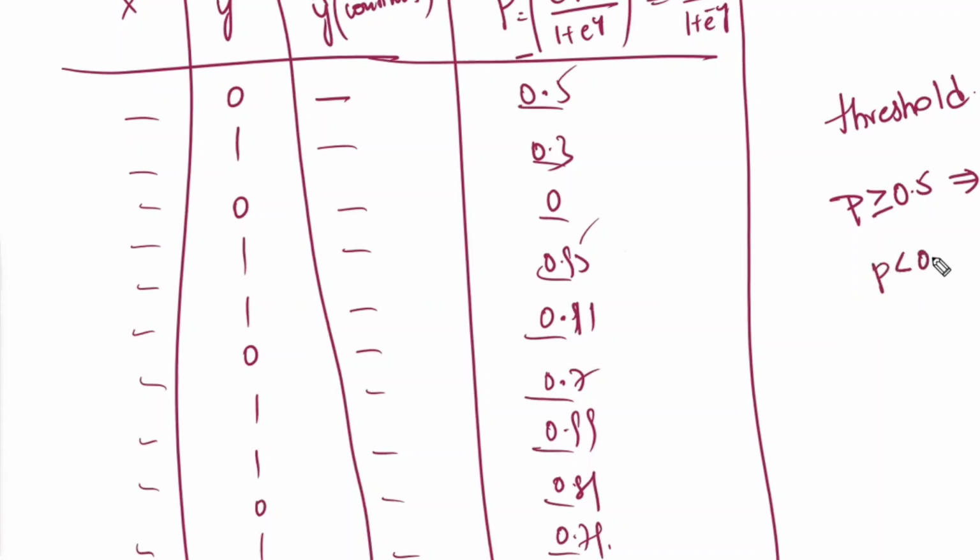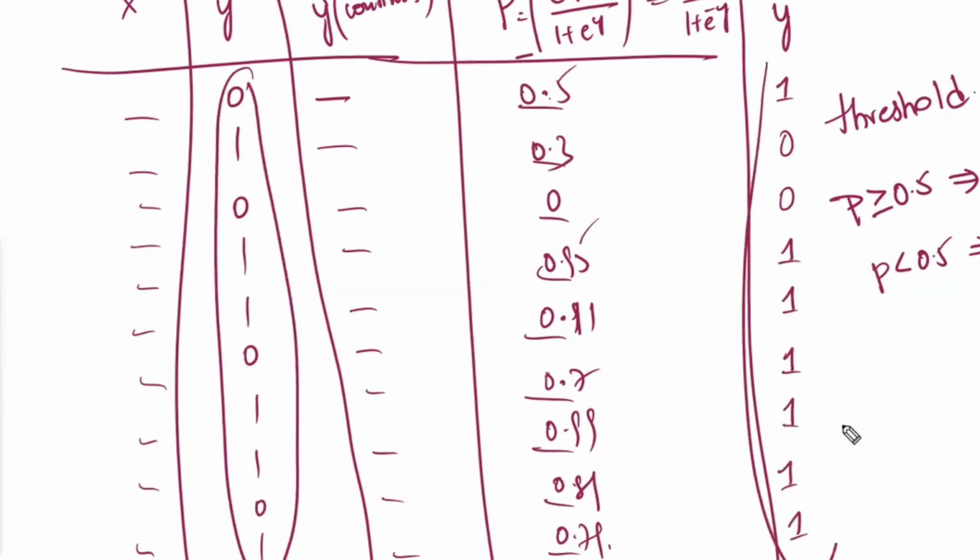Wherever the value is less than 0.5, convert it to 0. So this one 0, this one 0, and the rest 1. Now you have actual y and predicted y. Now you can calculate true positives, true negatives, everything.